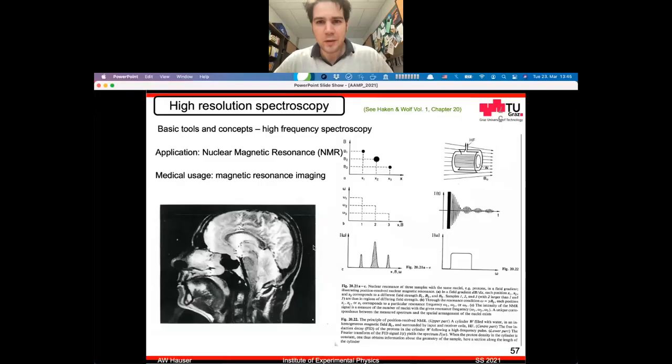So if you say, okay, this is an H atom attached to a carbon in a single CH bond, then it also depends on where this resonance is measured with respect to the position in the field, because there is a different field, therefore different energy splitting, and therefore a certain resonance shift. And with this additional knowledge through the inhomogeneous field, you can get a spatially resolved picture of the structure of your material.